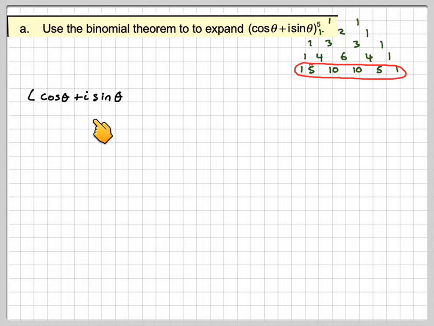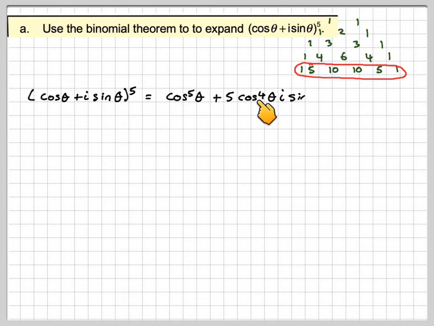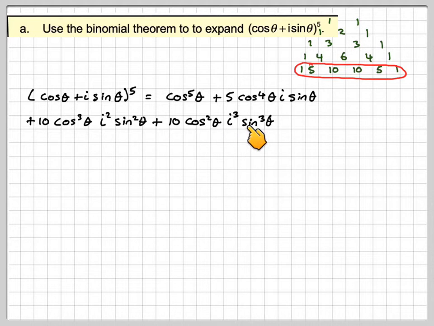So (cos theta + i sin theta) to the power of 5 will be 1 cos to the power of 5 theta, plus 5 cos to the power of 4 theta i sin theta, plus 10 cos cubed i squared sin theta, plus 10 cos squared i cubed sin cubed theta, plus 5 cos theta i to the power of 4 sin to the power of 4 theta, plus i to the power of 5 sin to the power of 5 theta. If you're not sure on that, just go back and practice expanding (a + b) to the power of 5.